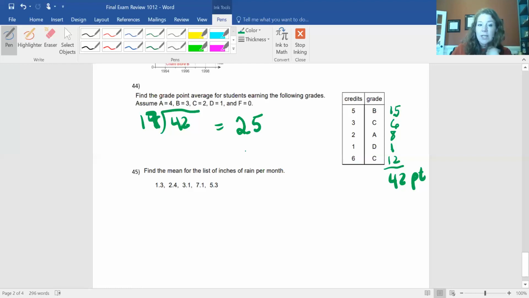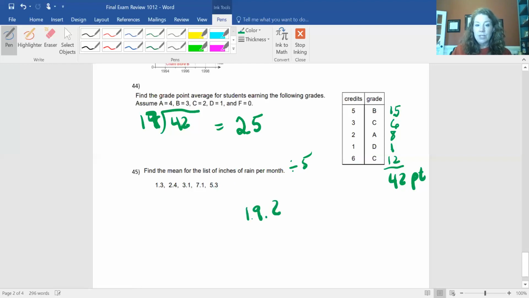And then the last one is just number of months. This is just the total number of months. We have 1, 2, 3, 4, 5 months. So we're going to end up dividing by 5. So we're going to add up all those numbers, 1.3 plus 2.4 plus 3.1 plus 7.1 plus 5.3, and I got 19.2.